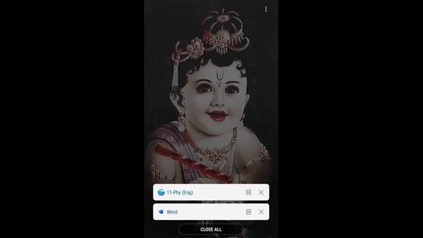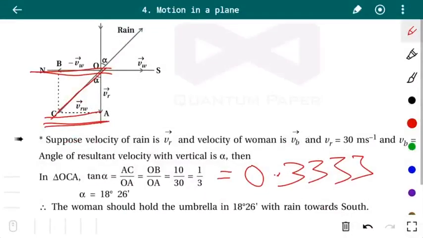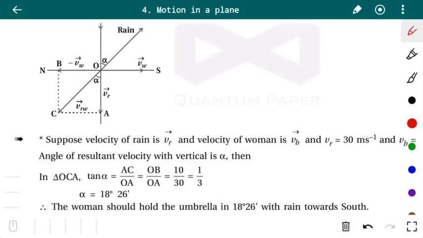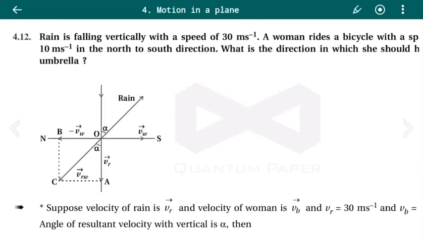So we have the value 18 degree 26 minutes. The woman should hold the umbrella at 18 degree 26 minutes with rain towards the south. That is, she should hold the umbrella by making an angle 18 degree 26 minutes with respect to rain towards the south. So students, you may note down this numerical.